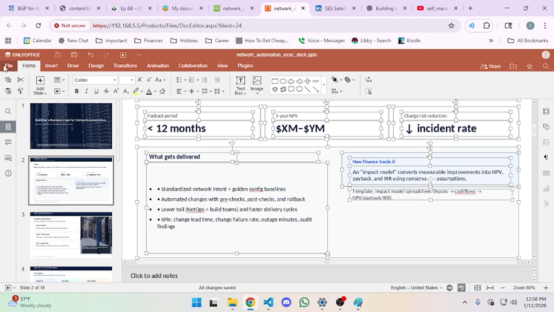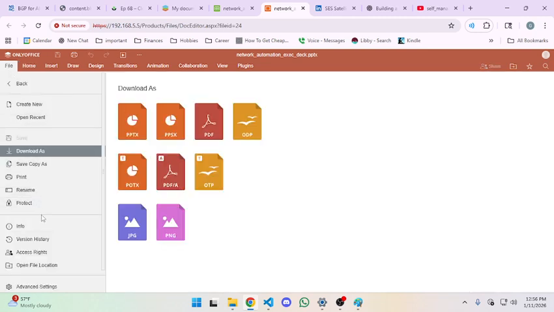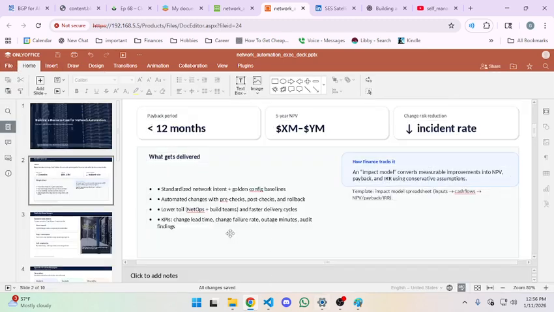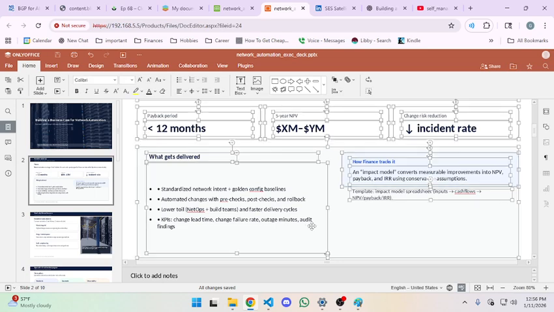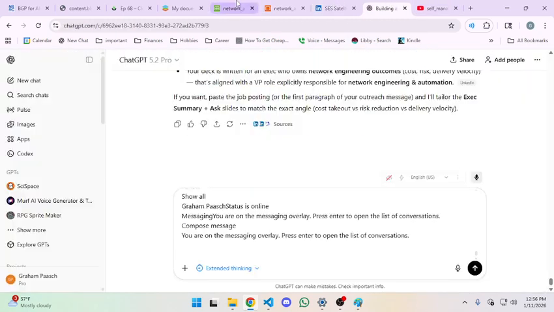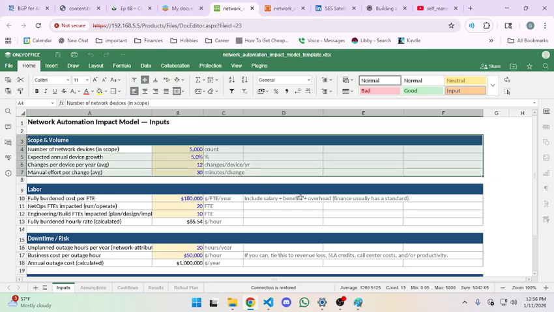Select all. I don't know how to select all. Okay, not sure how to select all.